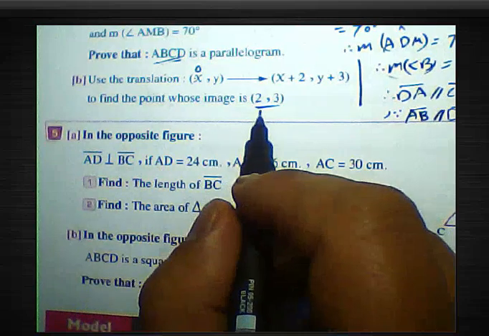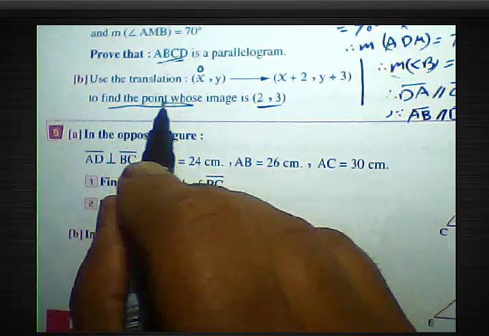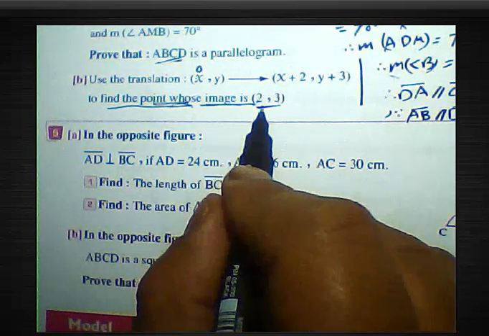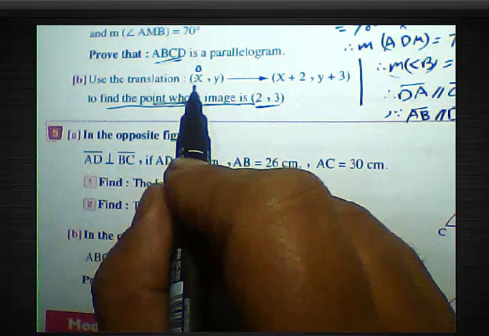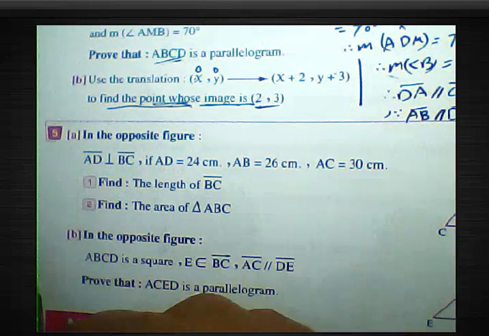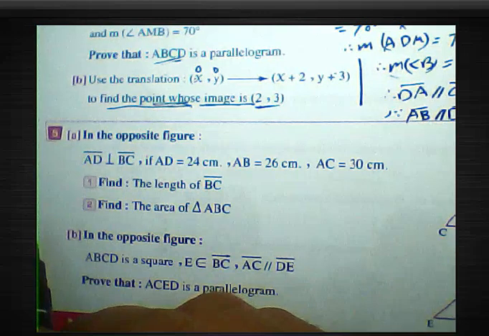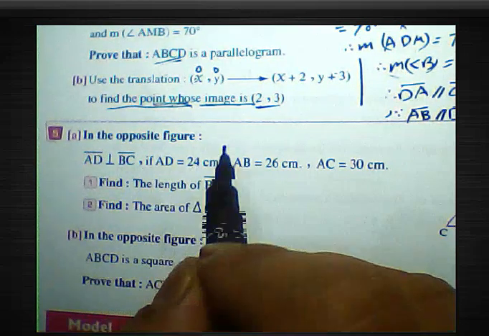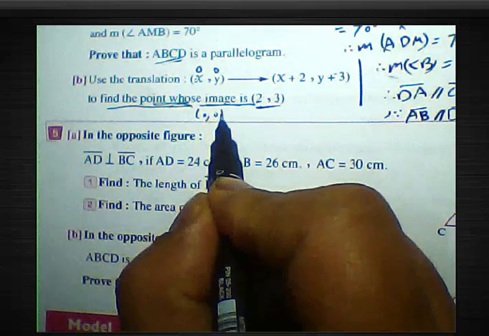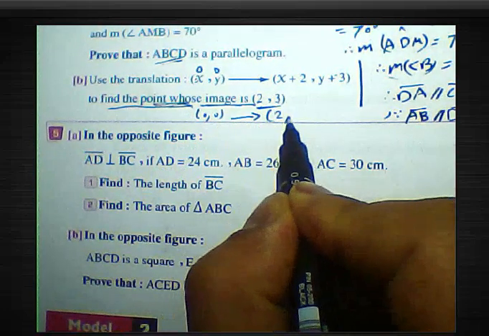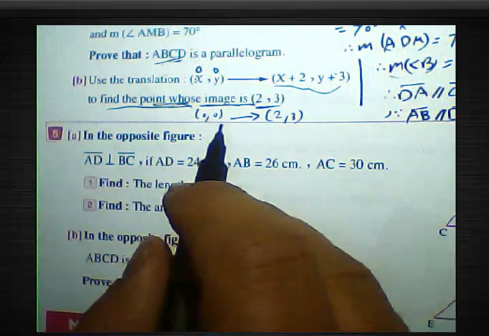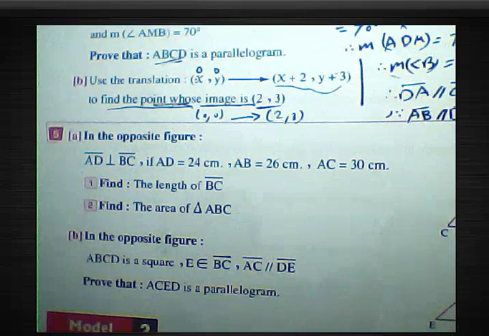Okay, in this example he asked to find the point whose image is the image of the point. What? 0 plus 2 equals 2 and 0 plus 3 equals 3. So the original point will be (0, 0). The image will be (2, 3) by this translation. Okay, so the point will be (0, 0), the original point.